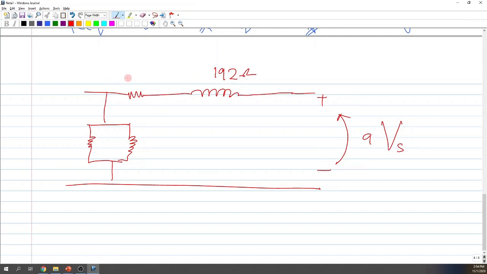So this is 38.4, and this is 38.4 kilo, and this is 100 kilo ohm. Okay, so ini adalah VP. Okay, so ini equivalent circuit dia lah.